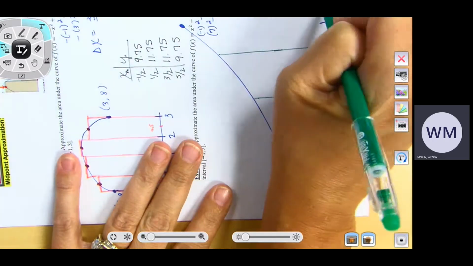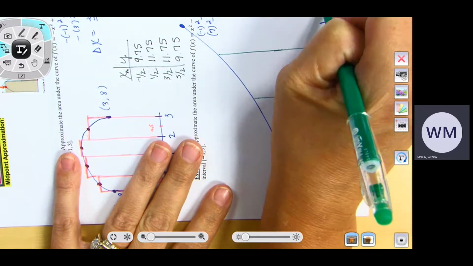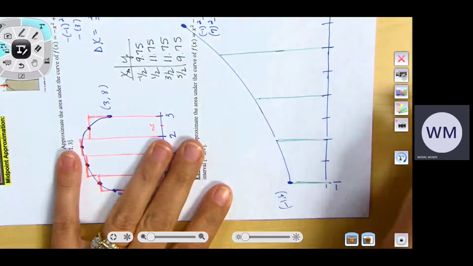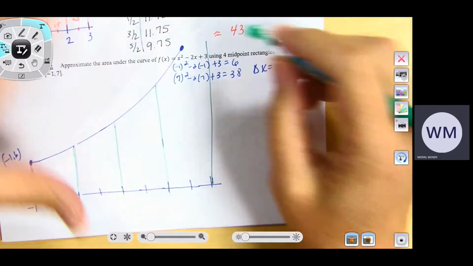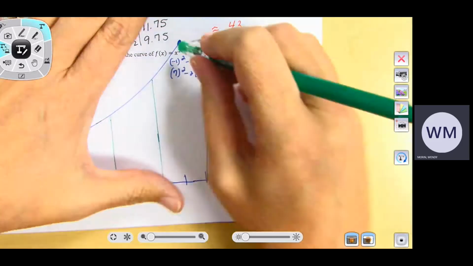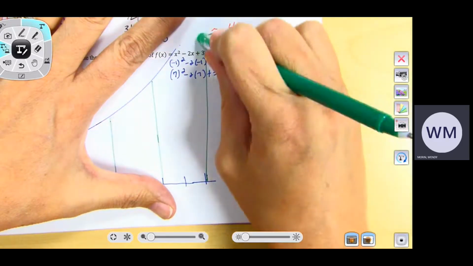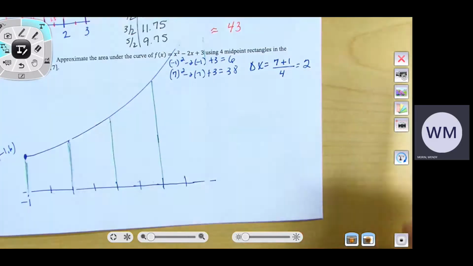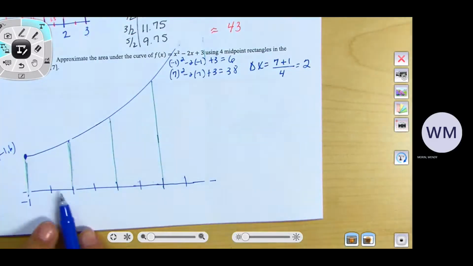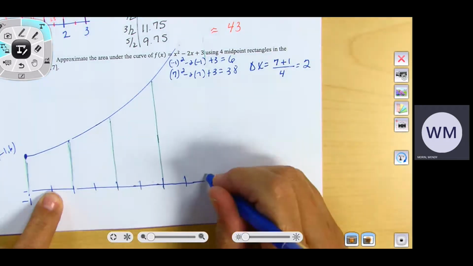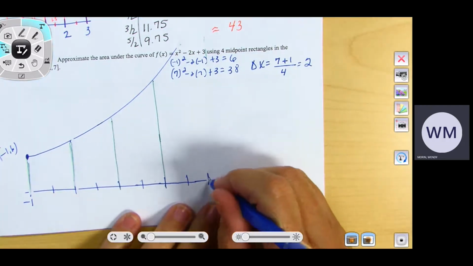Draw a straight line if I can. No, that's not good. Boy, I was really off, wasn't I? Make that a little bit bigger. Let's try again. 0, 1, 2, 3, 4, 5, 6, 7, 38.